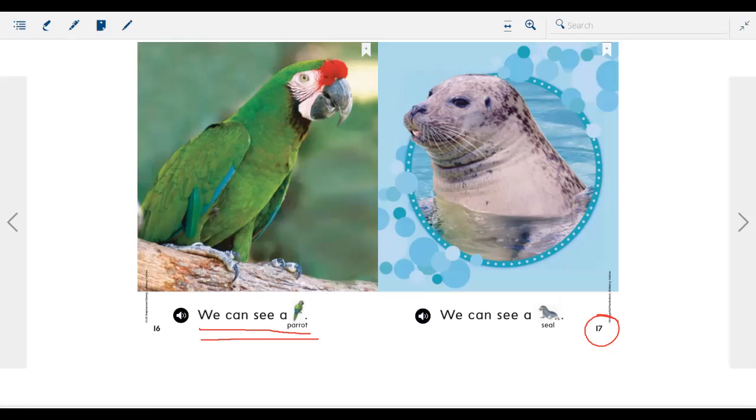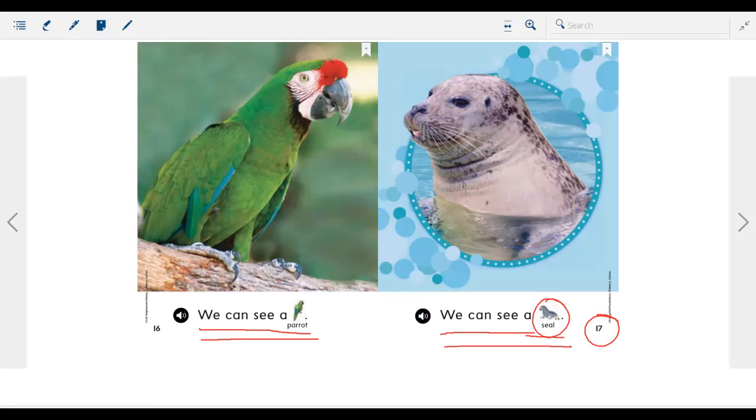Now we're on page 17. We can see a, all right, let's look at the rebus. It's giving us a clue. Seal. Let's read it again together. We can see a seal. So, what are we looking at on page 17? A seal.